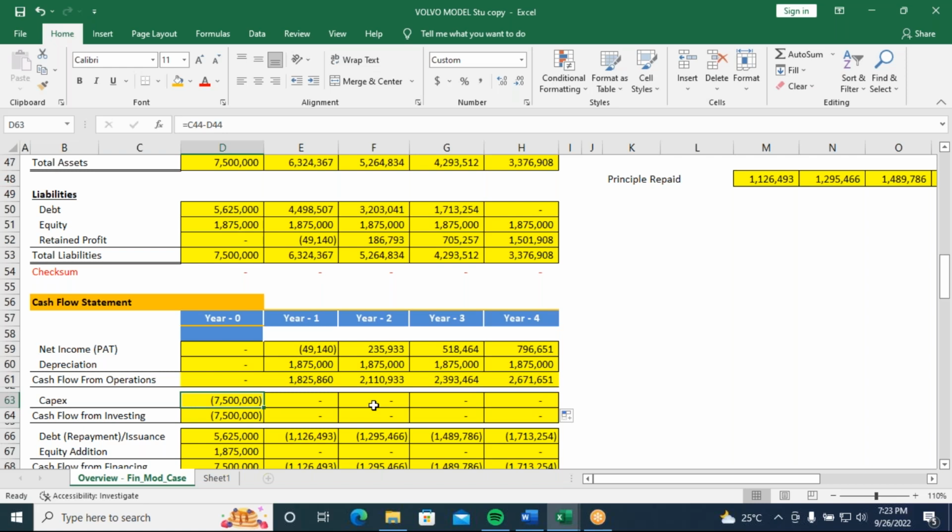This year also it is only 75 lakh. There is no additional expenses that has happened. So when I subtract the previous year value from the current year value, what I get is the additional expenses that has happened from previous year to this year.